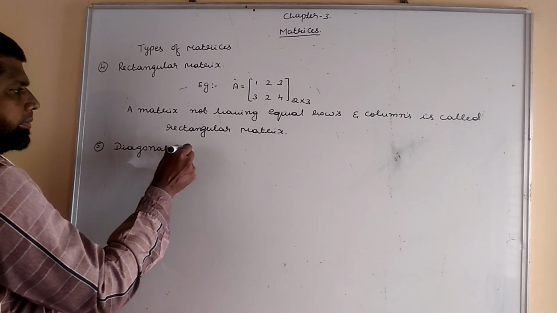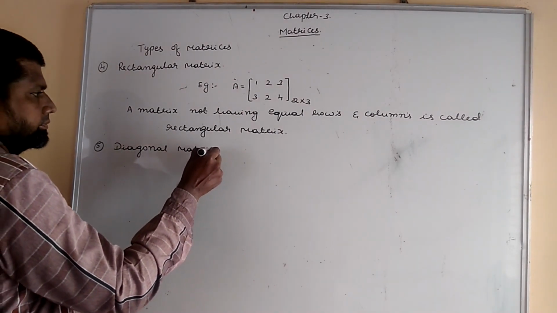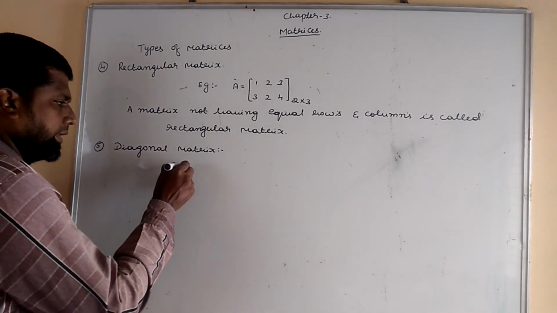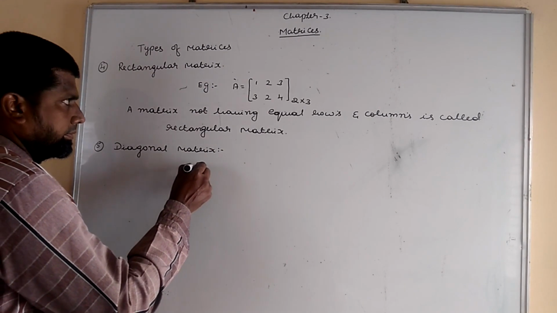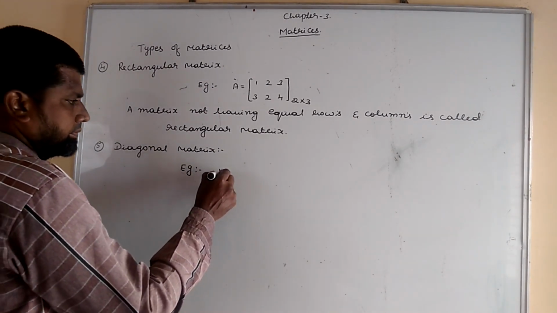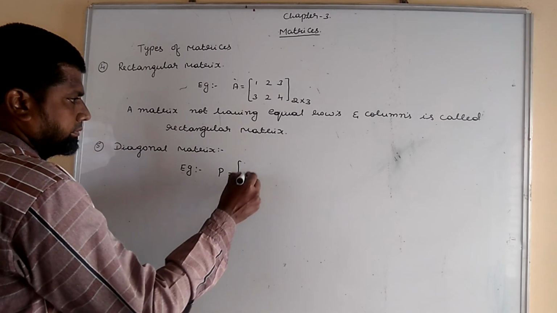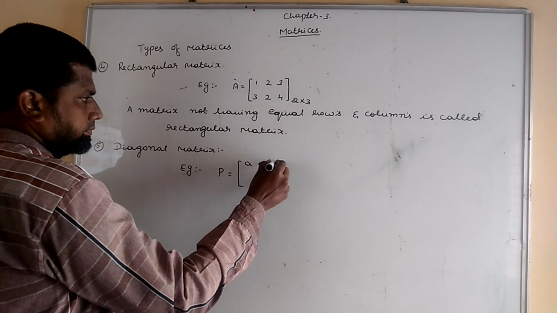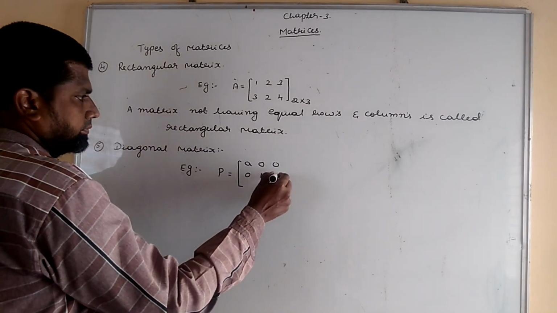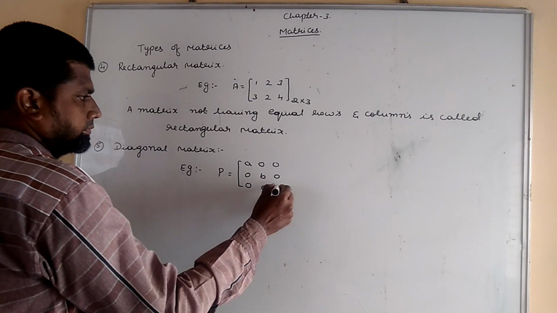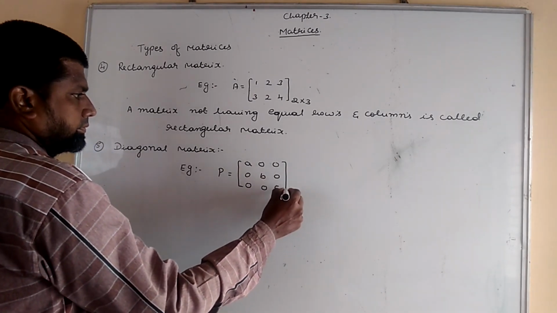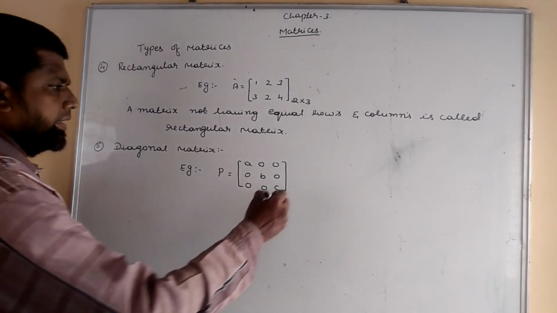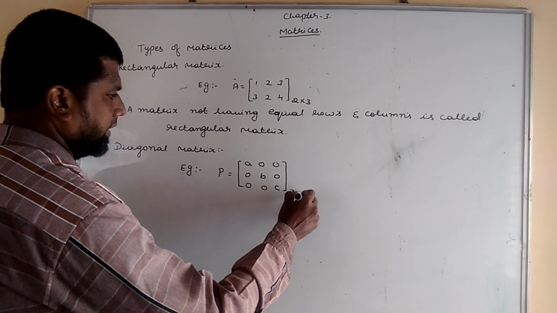Diagonal matrix. Let us take the example of a diagonal matrix. By seeing this, we can write the order of the matrix. The order of the matrix is 3 cross 3.